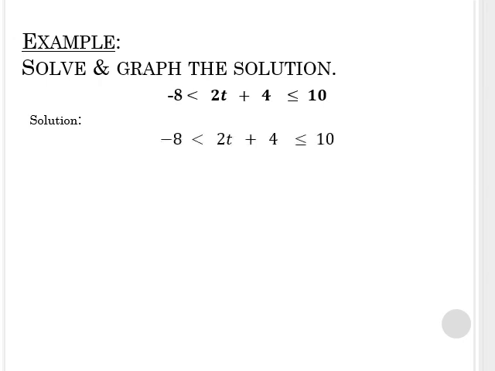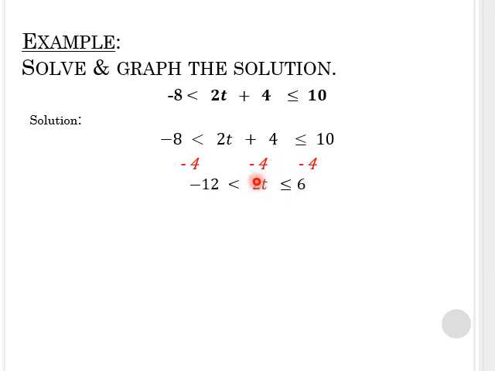So we take away 4 from the right side, left side, and from the center. So we subtract 4: minus 8 minus 4 is minus 12, plus 4 minus 4 is 0, 2t carried down, 10 minus 4 is 6.